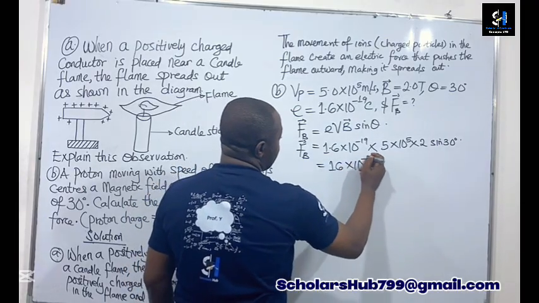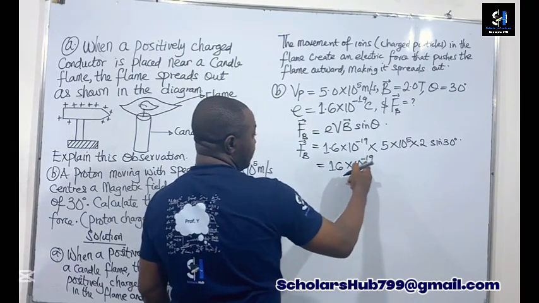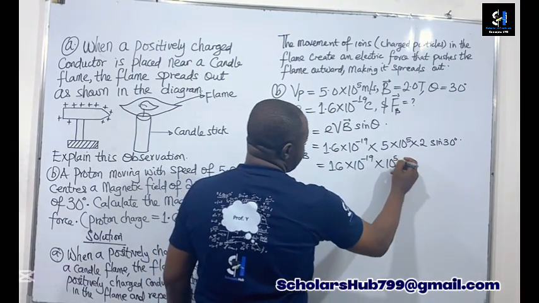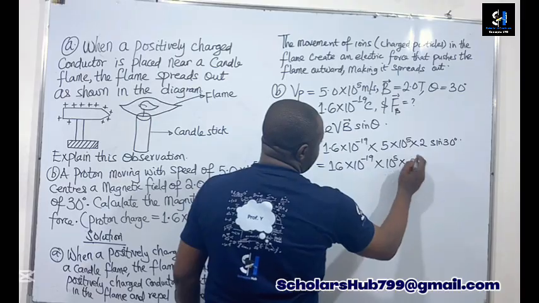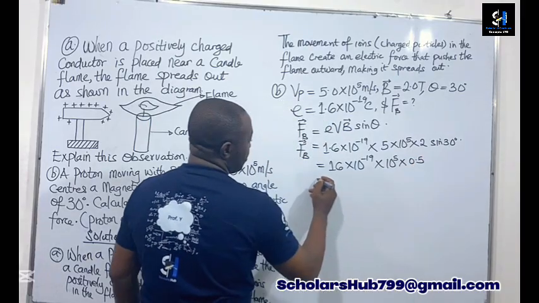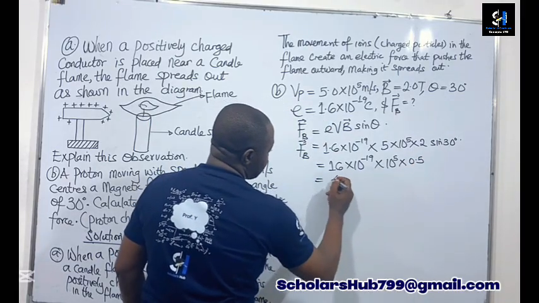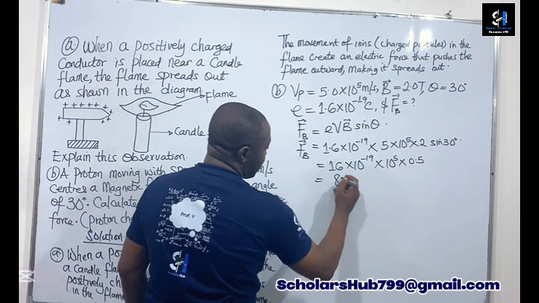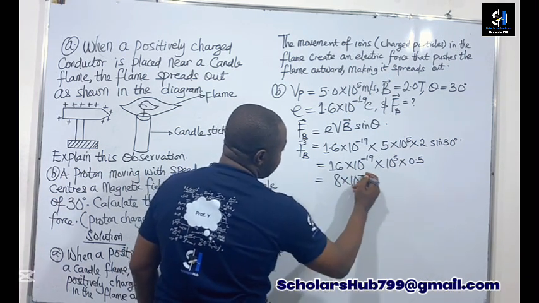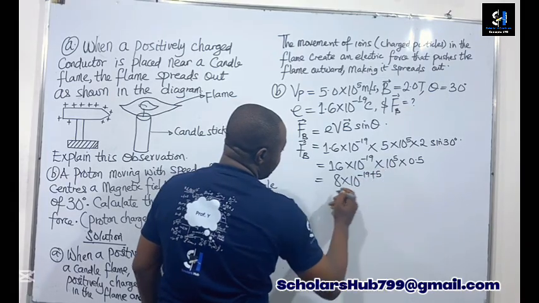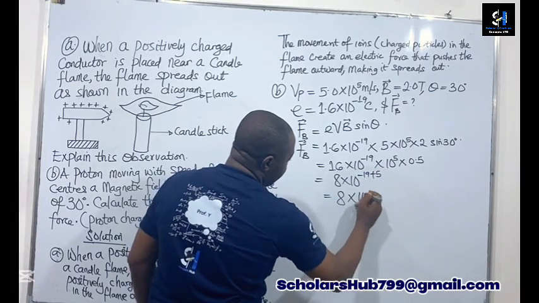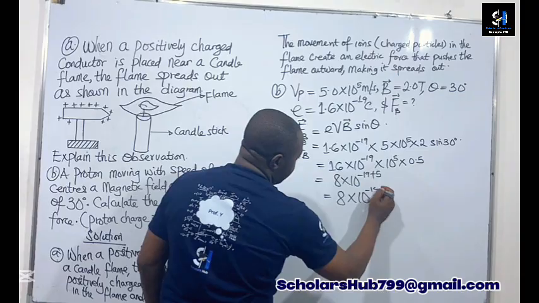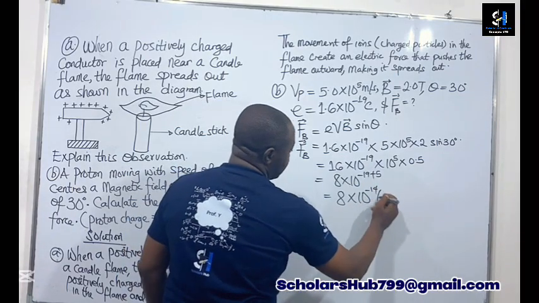We have 16 times 10 raised to the power of negative 19 multiplied by 10 raised to the power of 5, then multiplied by 0.5. So 0.5 times 16, that will be half of 16, and that's 8. So this will be 8 times 10 raised to the power of minus 19 plus 5. Then we have 8 times 10 raised to the power of negative 14 Newton.